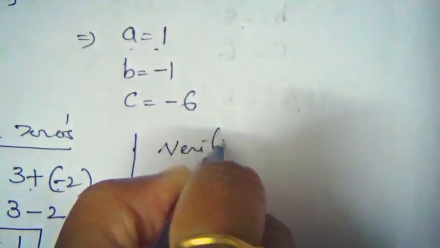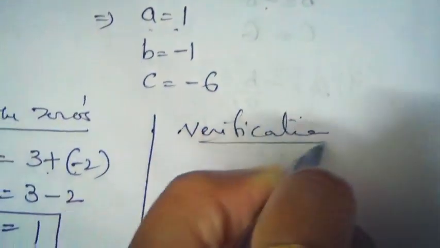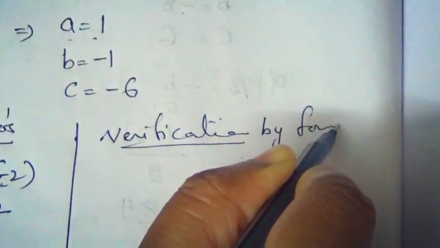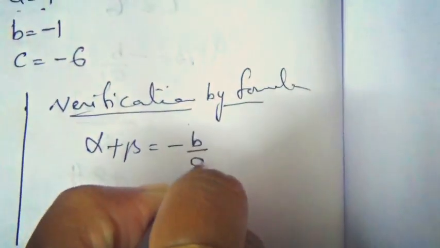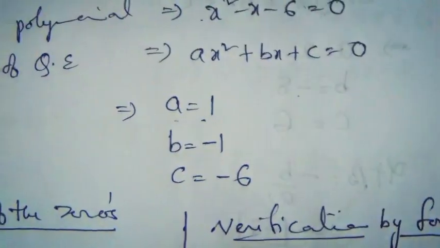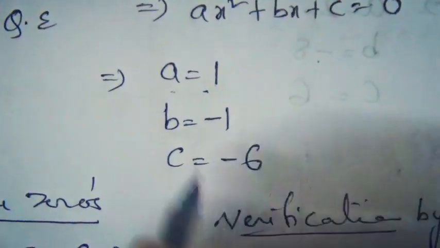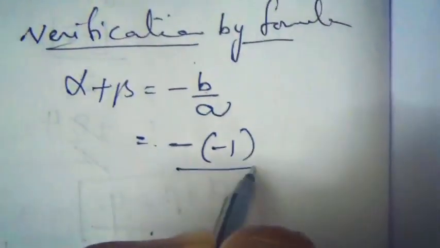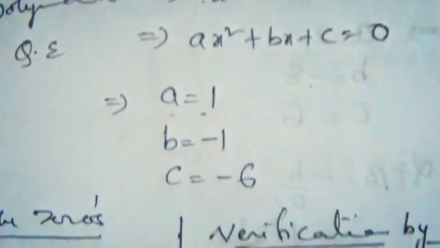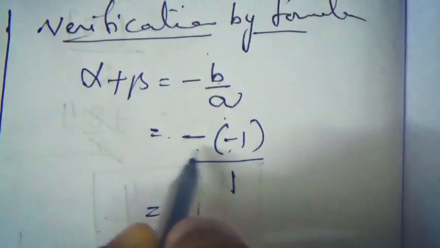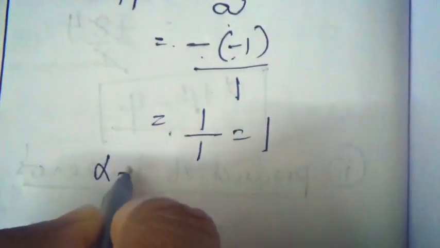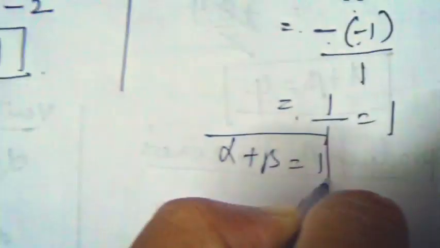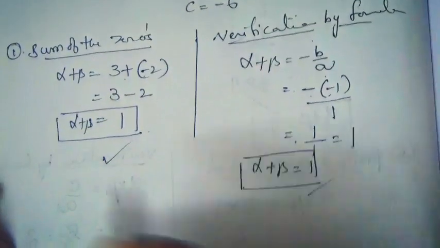By verification, by formula, alpha plus beta is equal to minus b by a, that is the formula. That is equal to minus of b value minus 1, a value 1. So minus of minus 1, minus of minus is plus 1 by 1, that is equal to 1. So alpha plus beta, we got here the same value, that is 1. Okay, these two are equal.